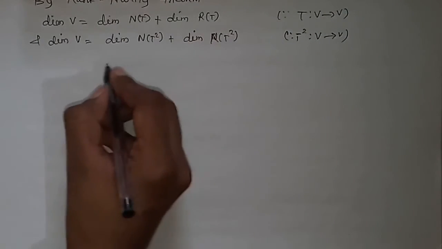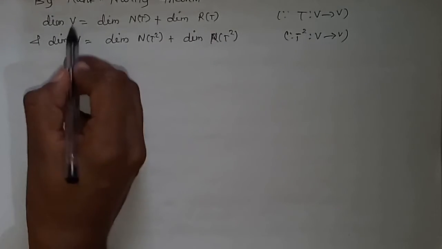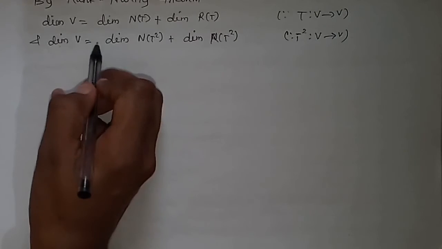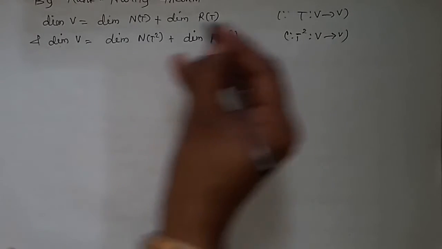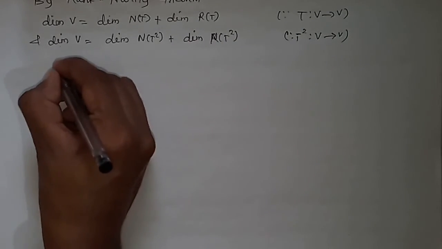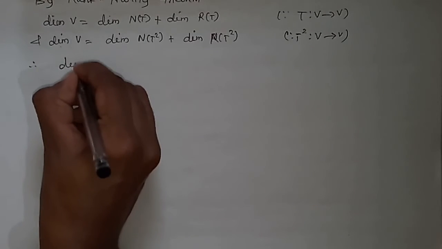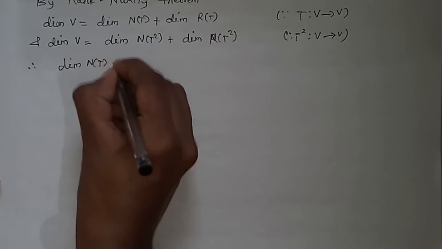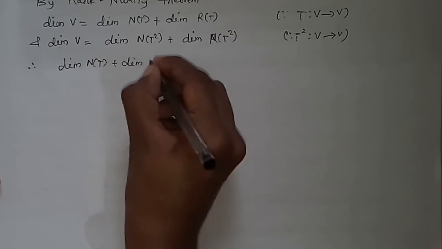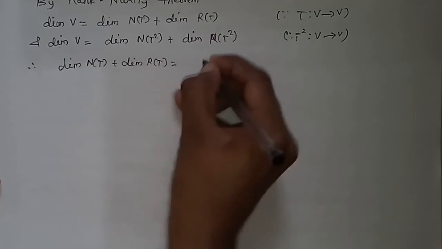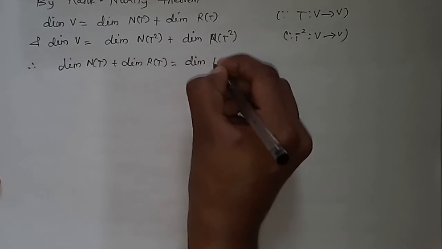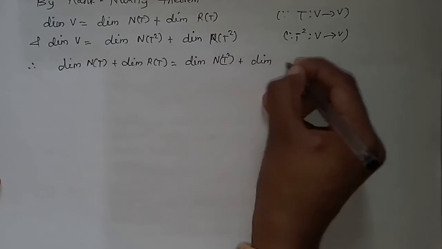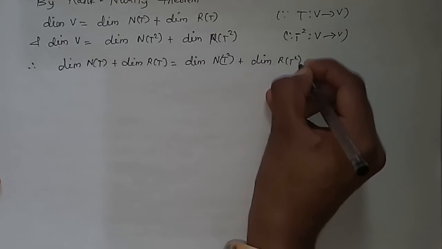Since both expressions equal the dimension of V, comparing both parts we get dimension of N of T plus dimension of R of T is equal to dimension of N of T square plus dimension of R of T square.